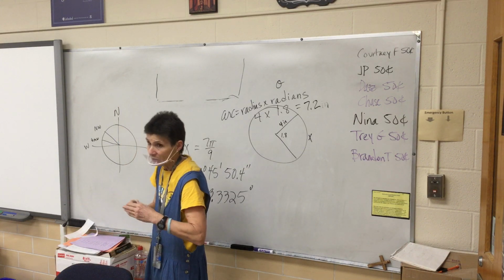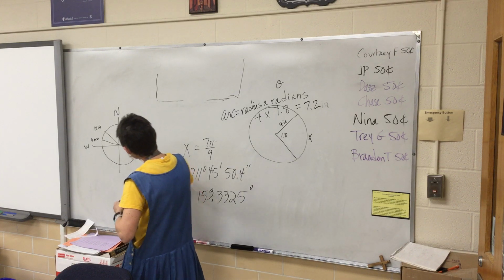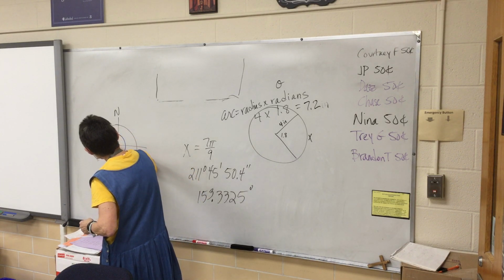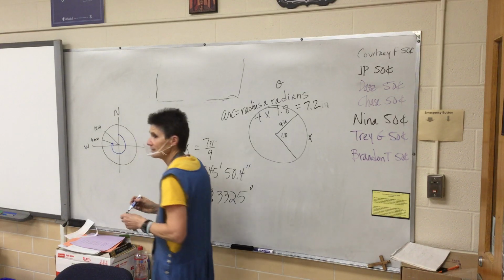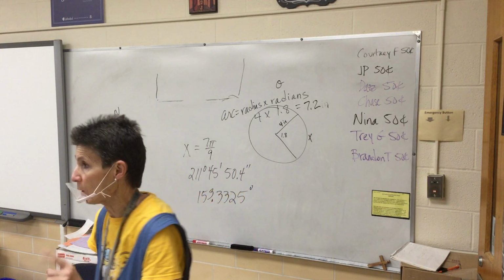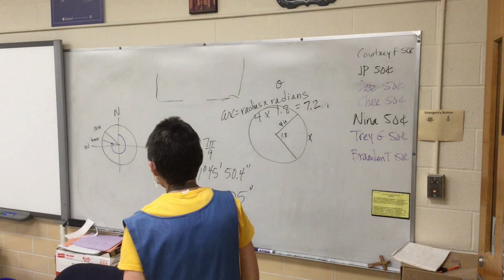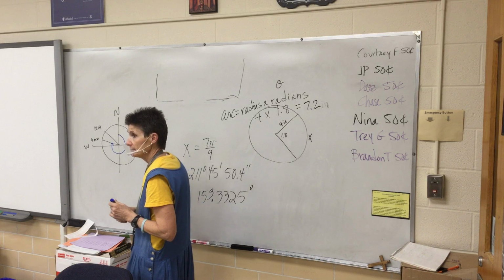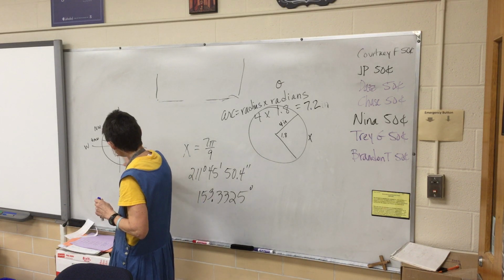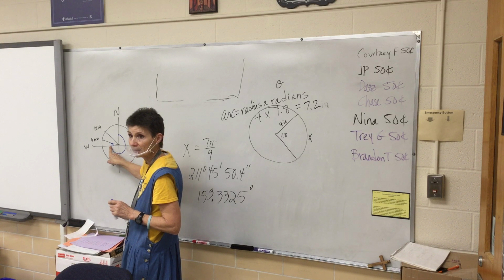Now the angle, which is what I'm looking for, has to be measured from north. So I got to get all the way around to that west-northwest line. And I measure from north. So wouldn't it be 270 plus 20? It would be. This much is 270, right? To the west is 270.